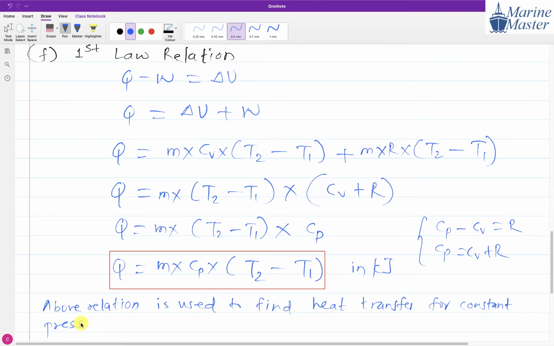Whenever we want to find out heat transfer for a constant pressure process, we are going to write down this relation.